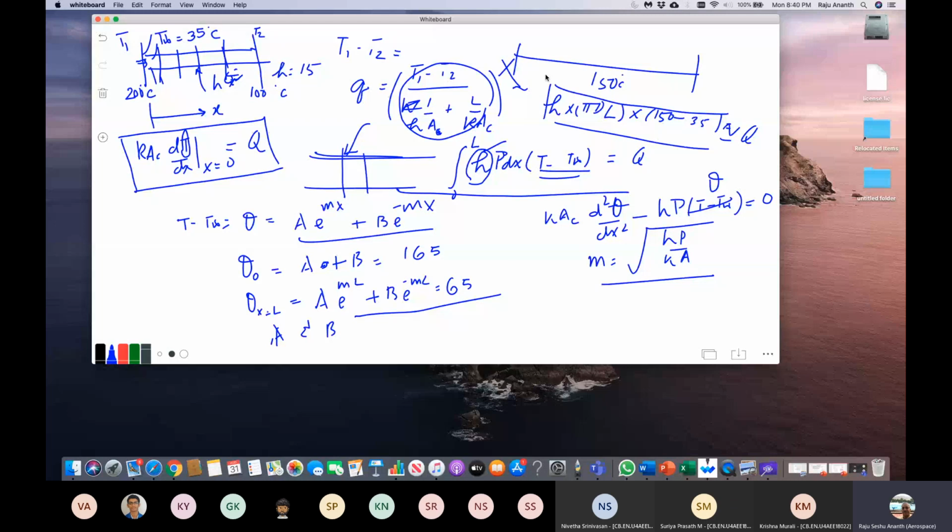And I can also write the theta as cosh m(L minus x), let's see. No, it cannot be M minus H. Cosh m(L minus x), divided by cosh mL.